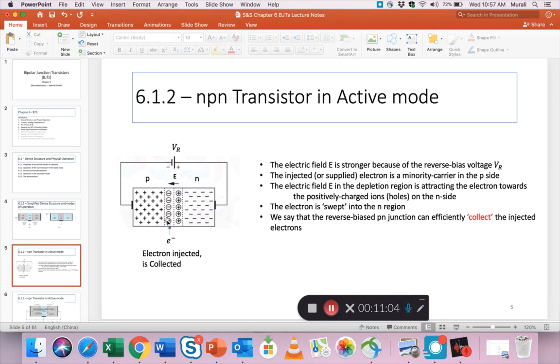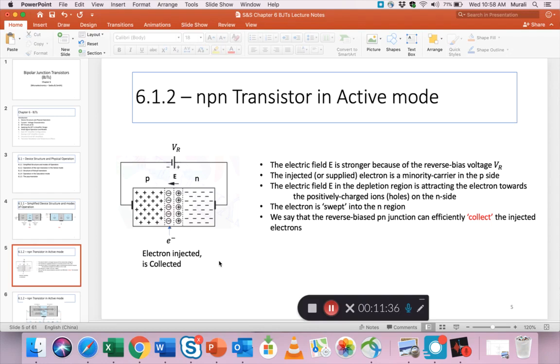So the electron is put here, but it's being attracted towards this side. So the electron, boom, it moves swiftly towards the N side, and we call that motion the electron being swept into the N region. So we can also say that the reverse biased PN junction can efficiently collect the injected electrons, okay? So the injected electrons are collected and moved into the N-type region by having this reverse bias.